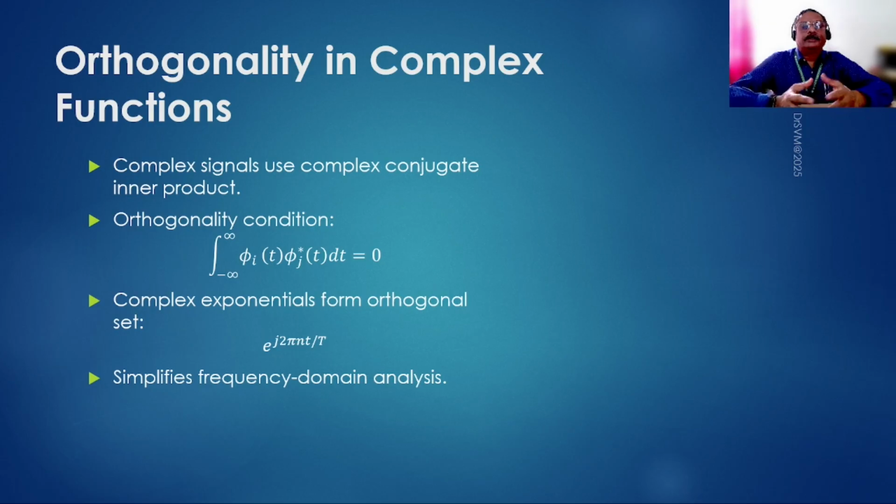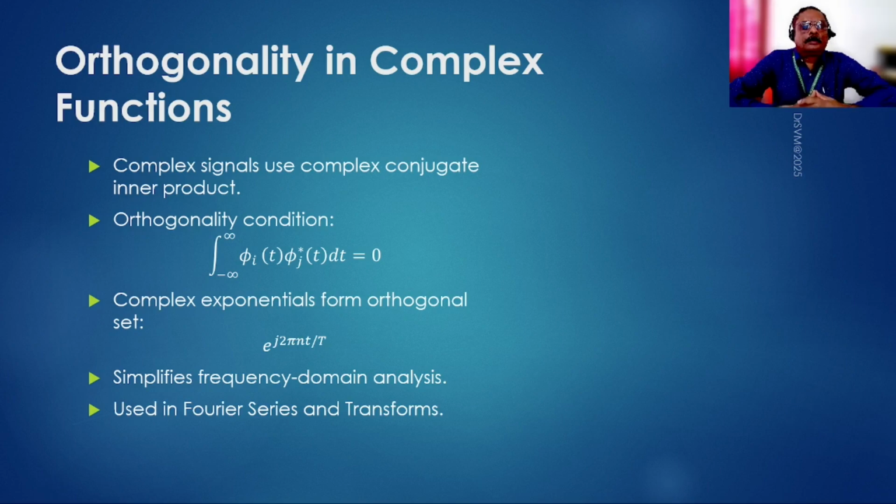And the exponentials which are orthogonal to each other, a complete set of complex functions which are orthogonal to each other, are going to help us in understanding, analyzing either signal or system or both. Orthogonal complex functions are very much used in Fourier series and Fourier transforms.